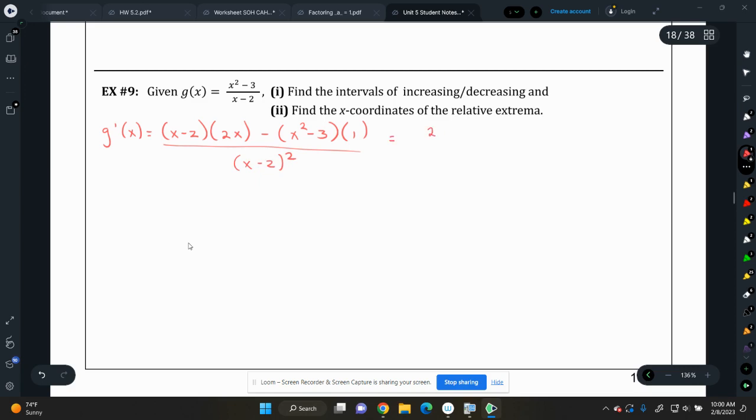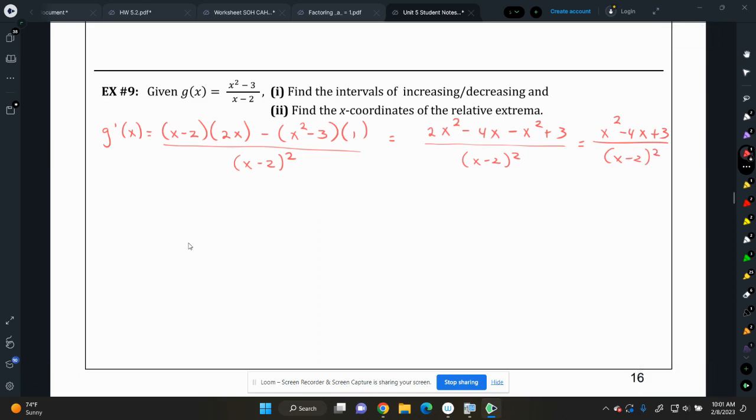So we're looking at 2x squared minus 4x minus x squared plus 3. So we have x squared minus 4x plus 3 over x minus 2 squared.